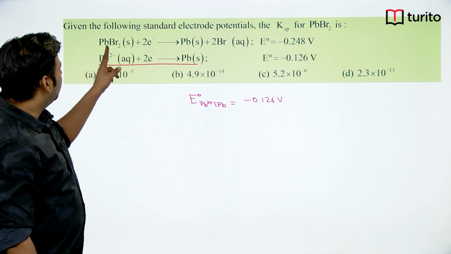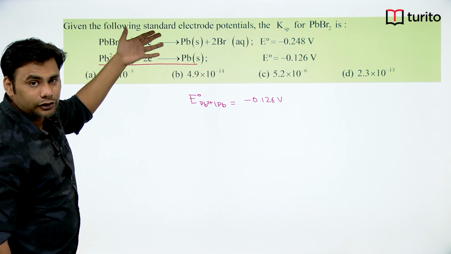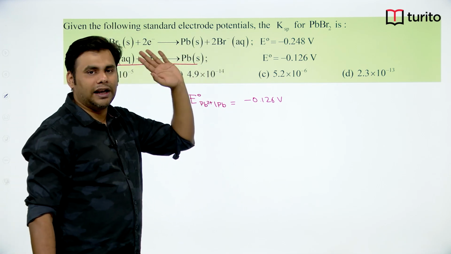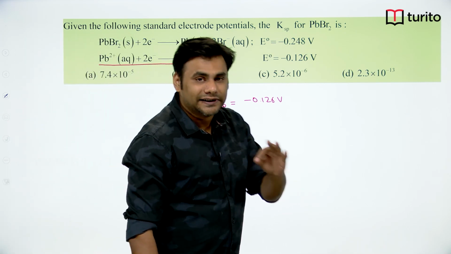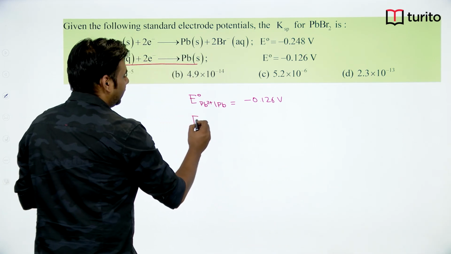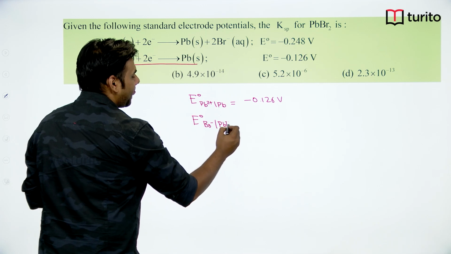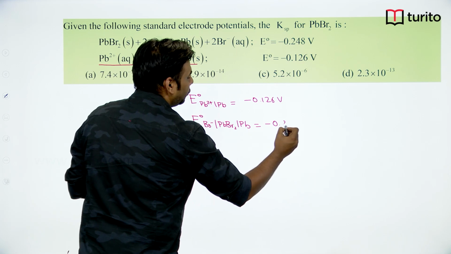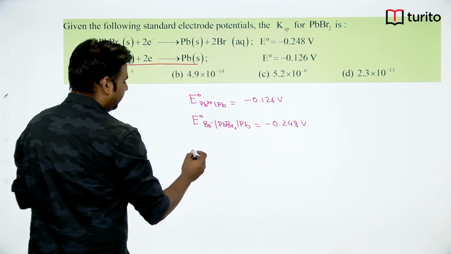Now if you look at this PbBr2, because it is written as solid, that means it is a sparingly soluble salt. It is taking up 2 electrons changing into lead and we are getting an anion. So this is basically a metal insoluble salt common ion electrode. I can write the reduction potential of this as minus 0.248 volt. I know the relationship between them.